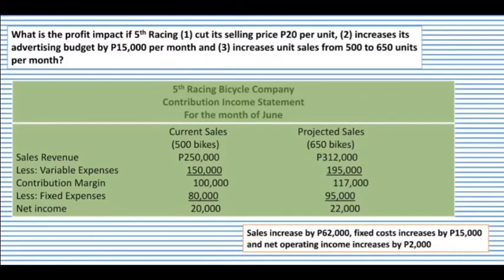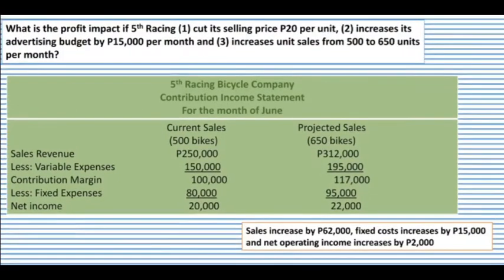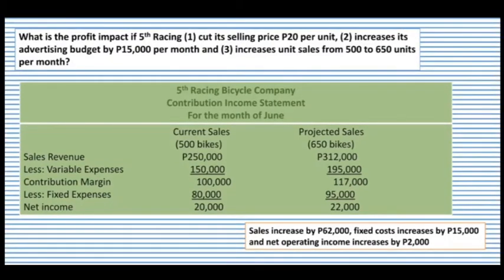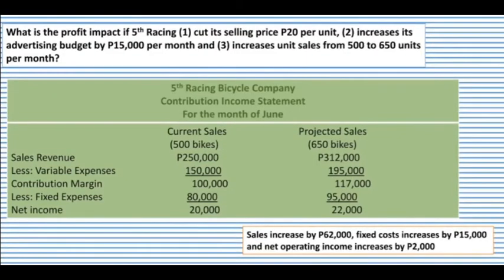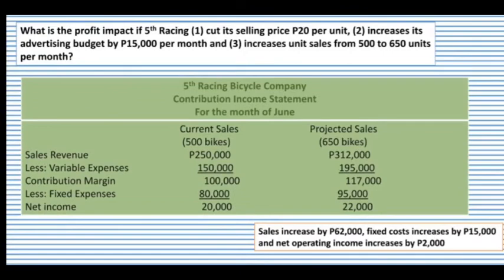Again, we have here the income statement. Fifth Racing Bicycle, which is the company's name, contribution income statement for the month of June. We can see here that the units of current sale are still the same, 500, but in projected sales it becomes 650 bikes.